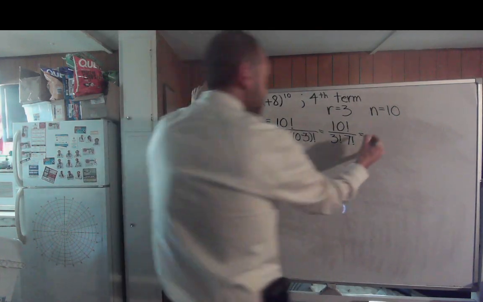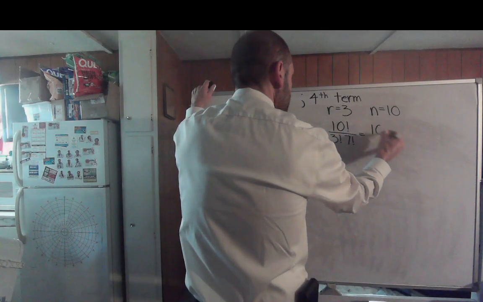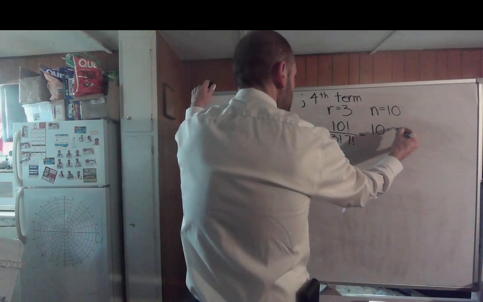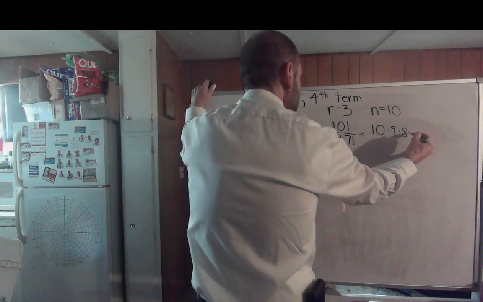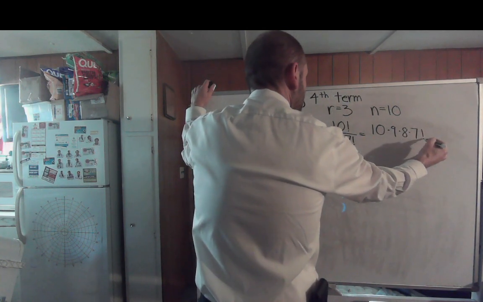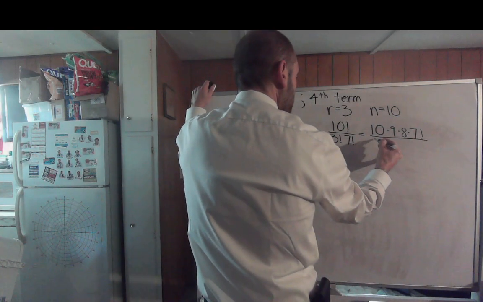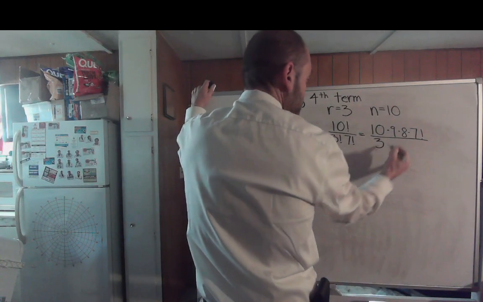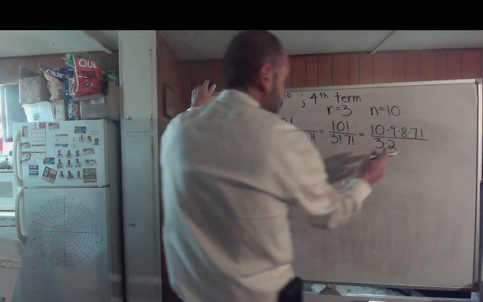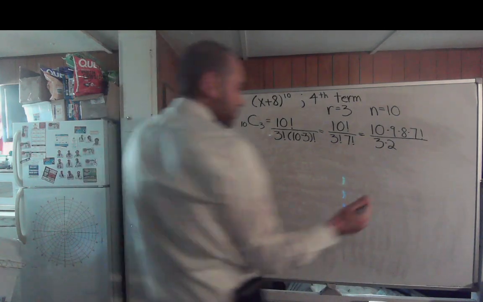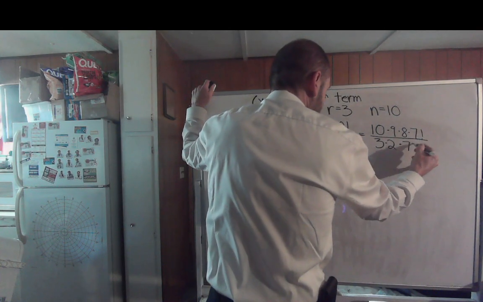Well, this could simplify even further into 10 times 9 times 8 times 7 factorial all over my 3 factorial, which is really 3 times 2. And we could put times 1, but we don't need to. Times the 7 factorial.